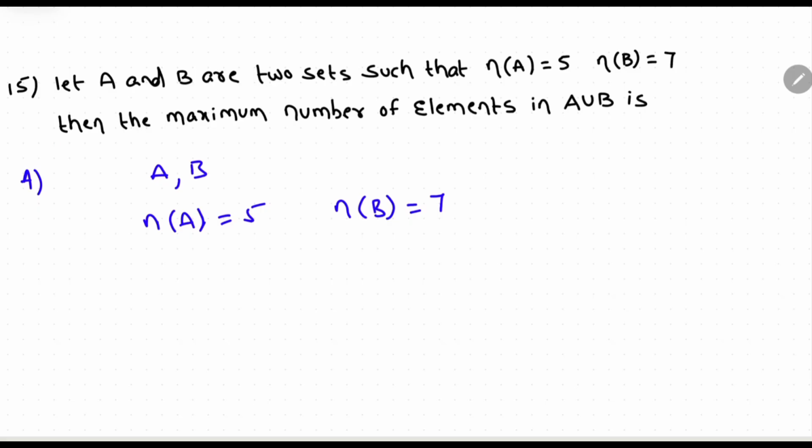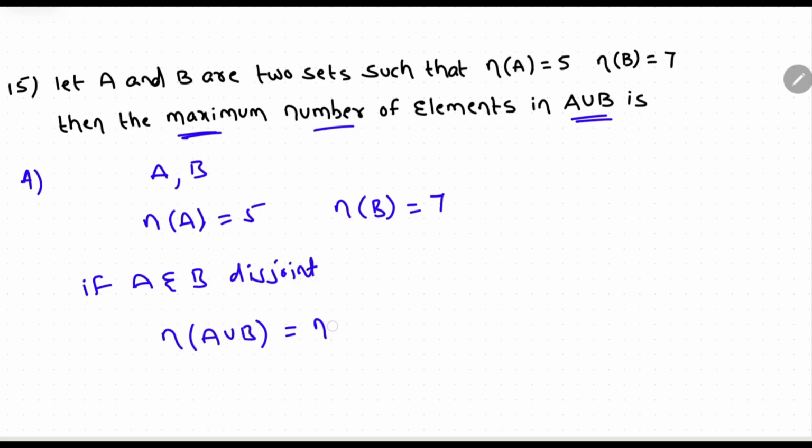So we have to find the maximum number of elements in A union B. To get the maximum number, A and B should be disjoint, therefore n of A union B equals n of A plus n of B.